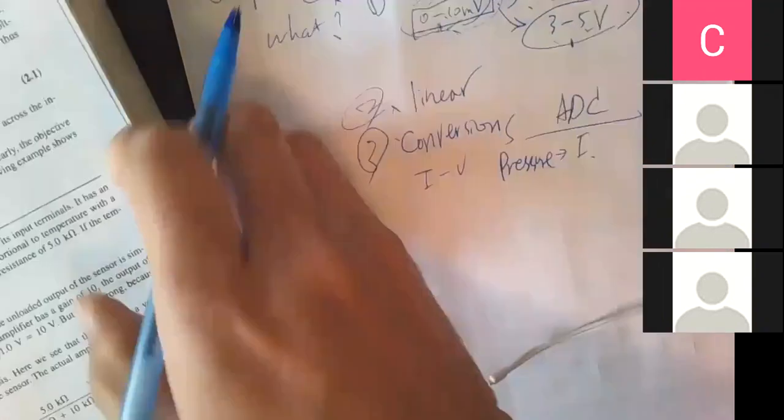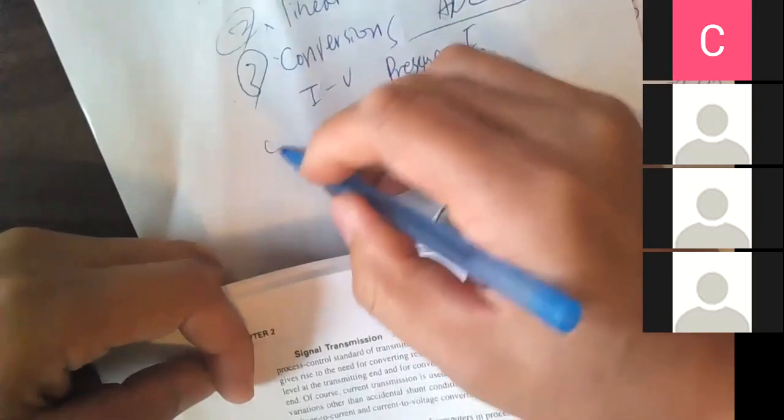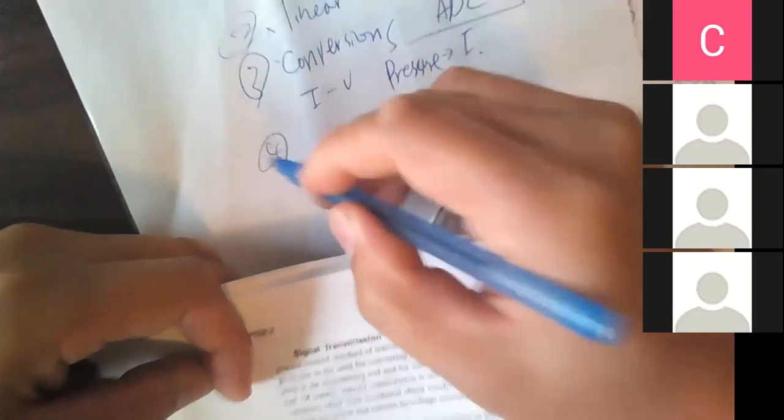It may also involve analog to digital conversion. So there are many different types of conversions potentially. That's another category of signal conditioning.